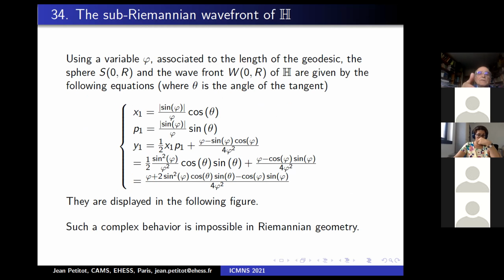And of course, it is the modulus sine phi over phi which is very important and explains the strange geometry of the sphere and the wavefront.